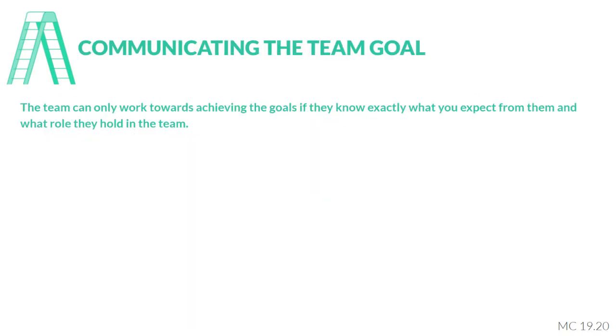Okay? So once this is done, let's go and do the communicating the team goals. The team can only work towards achieving goals if they know exactly what you're expecting from them and what role they hold in the team. So these things have to be super clear to each of your members.